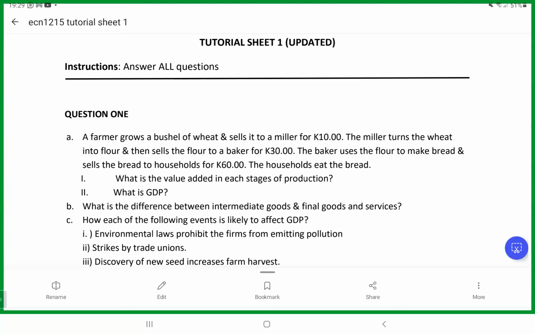Then the households will eat the bread. What is the value added in each stage of production? So we want to establish the value that has been made at each stage of production. So the first stage, we have the farmer who makes the wheat and the value thereof is 10. The flour is sold by the miller at the value of 30. And then the baker will make the bread and sell it at the value of 60. Have you understood the question?